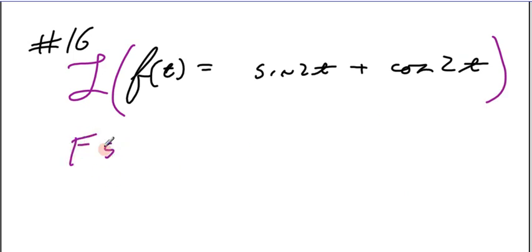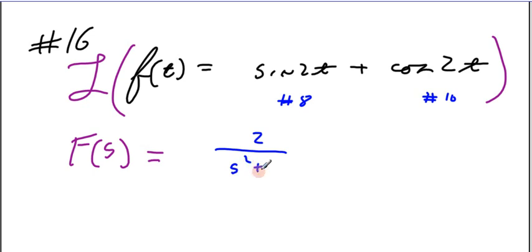So f of s is going to equal, now we're going to use our Laplace transform number 8 and number 10 off of our expanded sheet. And we're going to call this 2 over s squared plus 4. And we're going to call this s over s squared plus 4. And we are done.